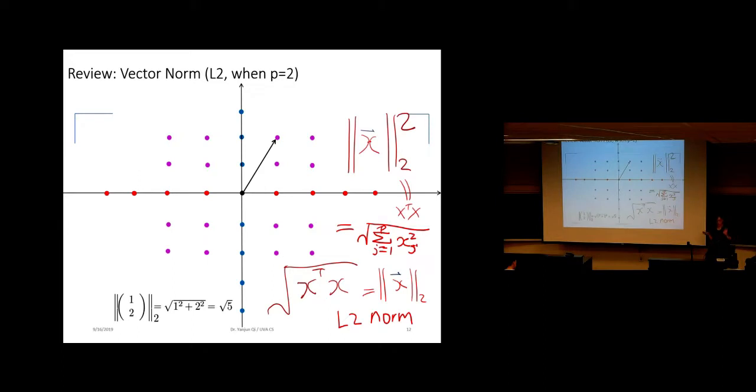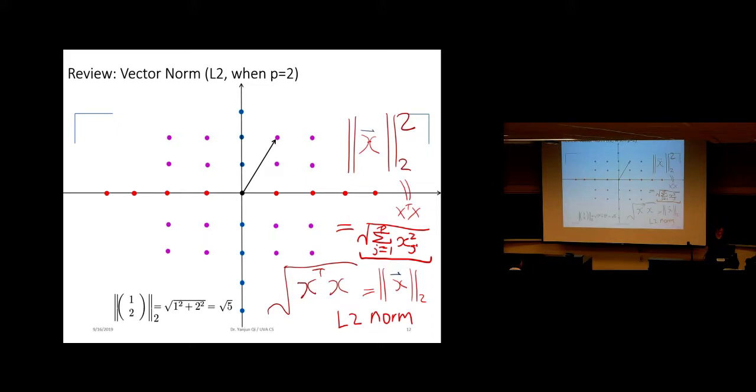And you can easily prove the L2 norm, using the trick we always use. The L2 norm is the summation of the element squares, and a summation of element squares is equivalent to the vector inner product with itself. We had that trick many times.